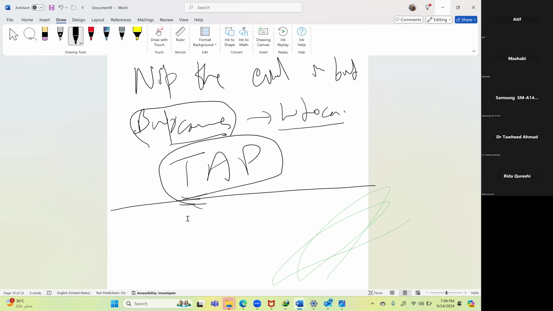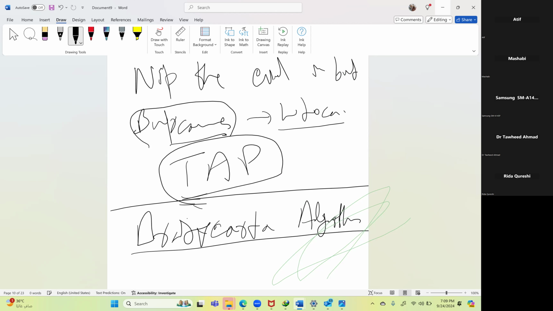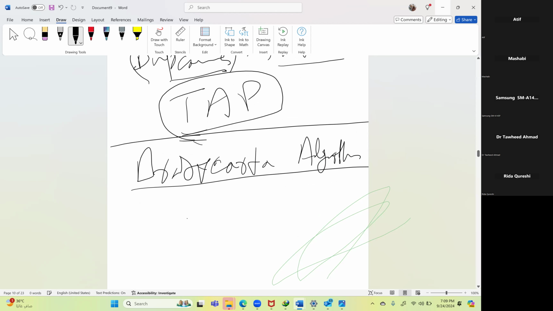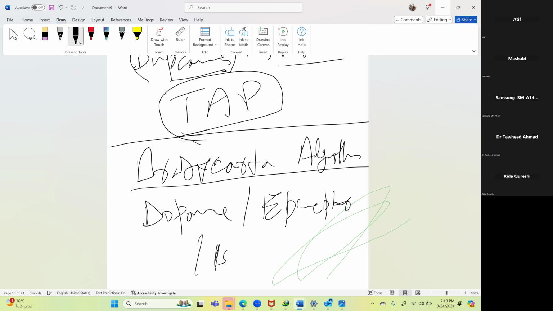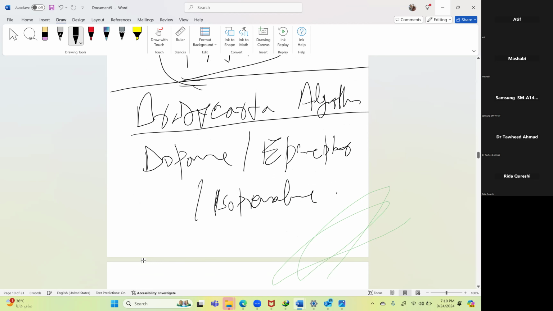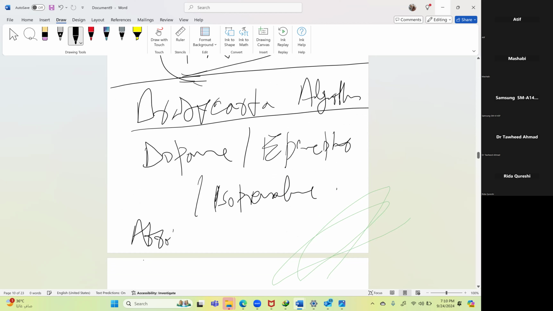What are the other things you can tell about the bradycardia algorithm? Dopamine, epinephrine, isoprenaline. What about atropine resistance, in which the bradycardia is atropine resistant?